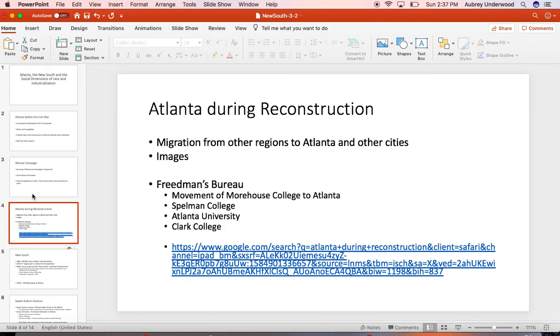Freedmen's Bureau agents are in Atlanta and across the South to address immediate needs of newly freed people, but also to establish and provide education. Along with this, we see the movement of Morehouse from basically Richmond County to Atlanta, and the development of Spelman College, Atlanta University, and Clark College.